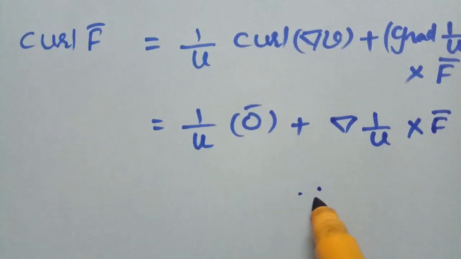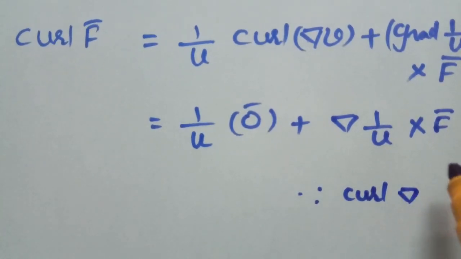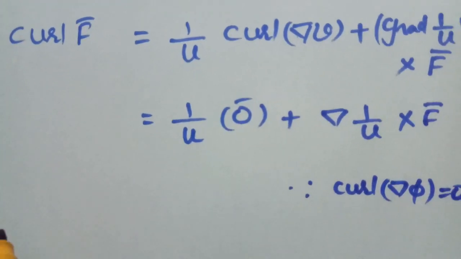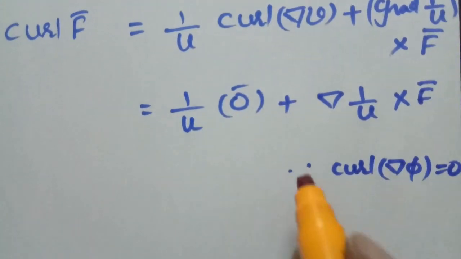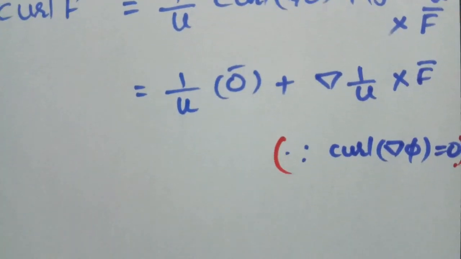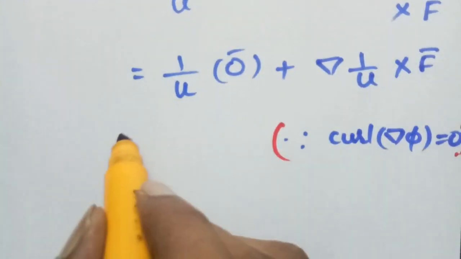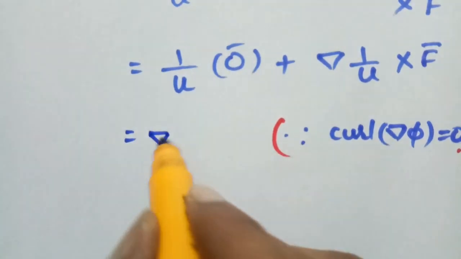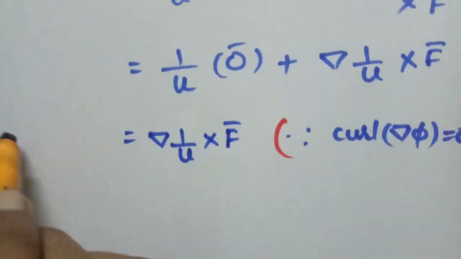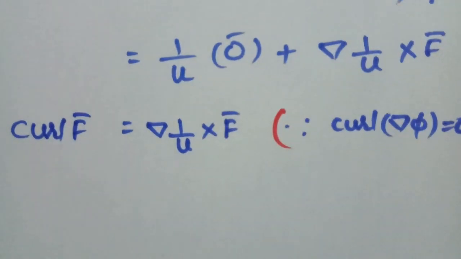Therefore, since curl of del phi is 0, this we proved in the previous classes, curl grad phi is 0. Therefore, this is equal to del of 1 by U cross F bar. Therefore, this is curl F bar.